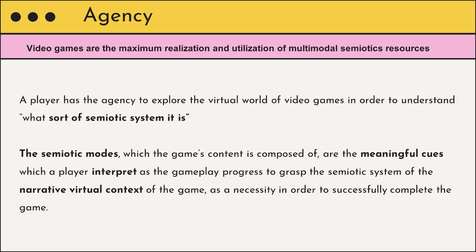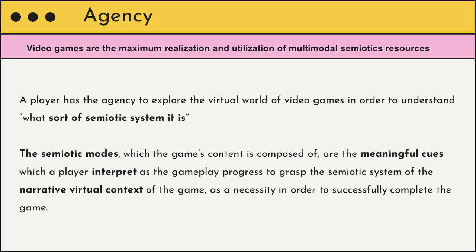So, the player's sense of immersion is built upon the agency the player has to explore the virtual world of video games in order to understand what sort of semiotic system it is. The semiotic modes which the game content is composed of are the meaningful cues, with the game's images, sounds, words, and possible actions, their possible combinations, things that the game's code and rules give rise to, can be used to signify in a specific context of gameplay for specific goals and purposes.